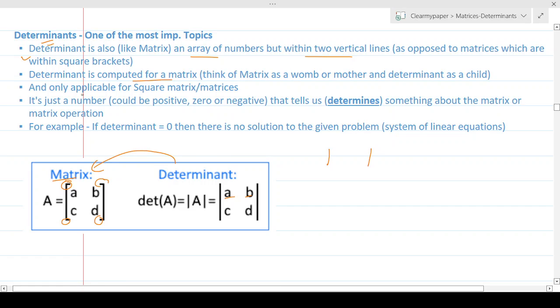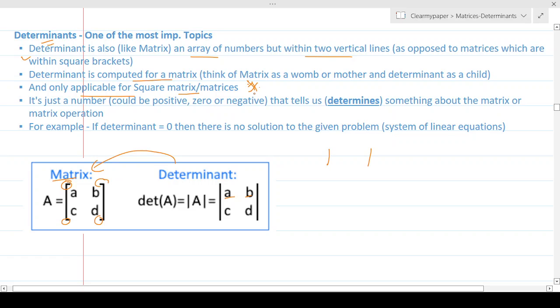And a determinant is always applicable only for square matrices, whereas a matrix by itself can be a rectangular matrix also. But whenever you find a determinant for a matrix, that is always going to be for a square matrix and not a rectangular matrix. That's an important note. And some of the reasons will be obvious in the further episodes.